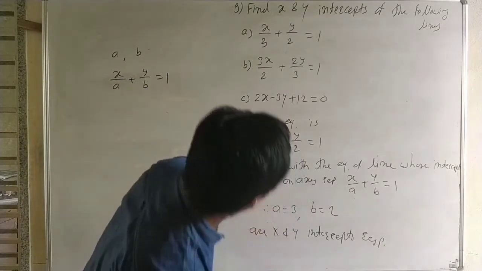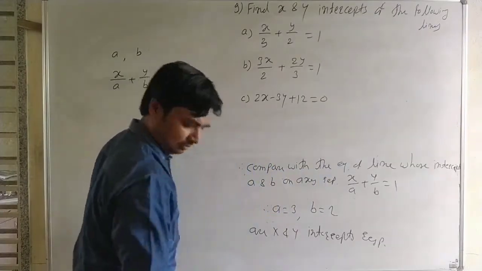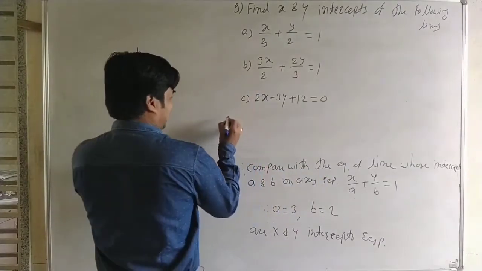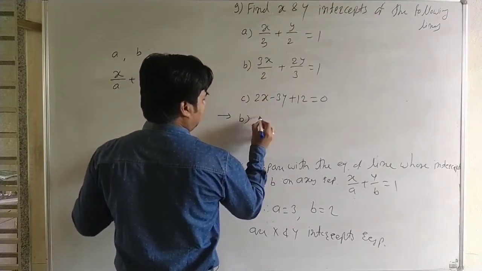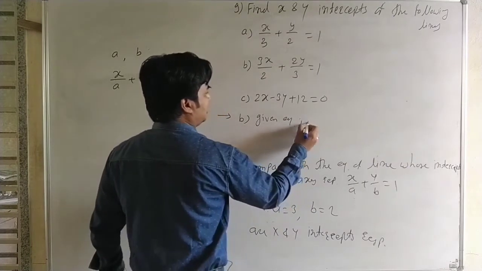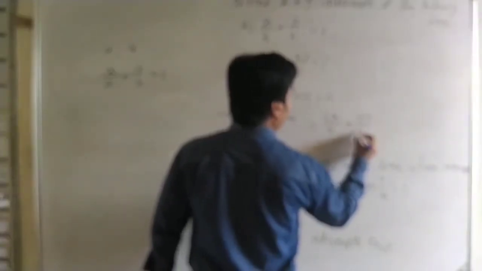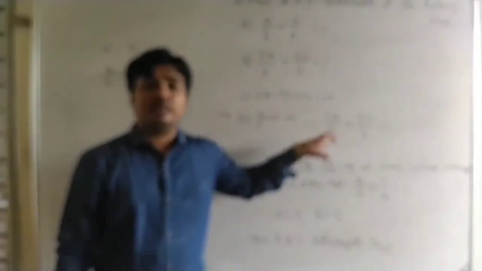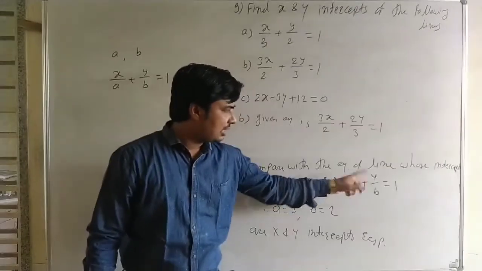Now this is the second example. The given equation is 3x upon 2 plus 2y upon 3 is equal to 1. Now the equation of a line in intercept form is x upon a plus y upon b is equal to 1, that is, the coefficients of x and y are 1.